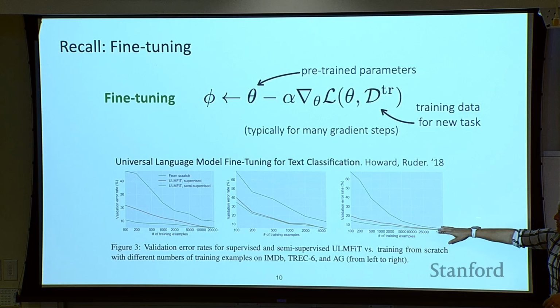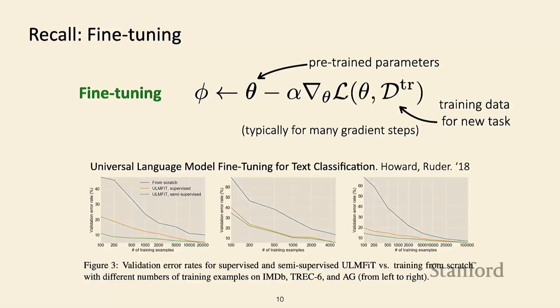So we see that the green and orange lines are much lower. They have much lower error than the blue lines. But they also don't do great in the few-shot regime. And so essentially, you can think of this as trying to optimize for a set of pre-trained parameters such that we can actually do very well in the few-shot regime, unlike if we were just going to pre-train with something like supervised learning.